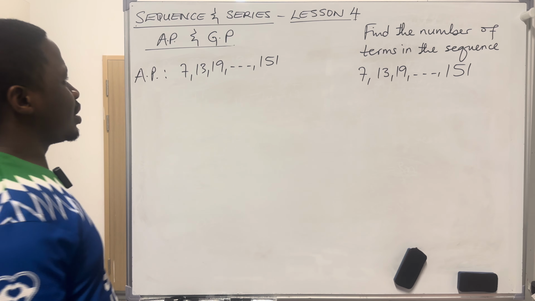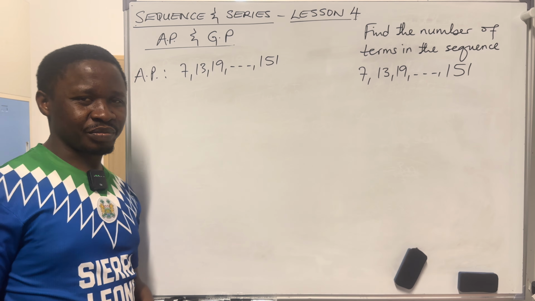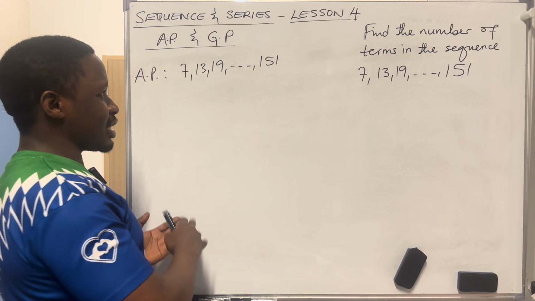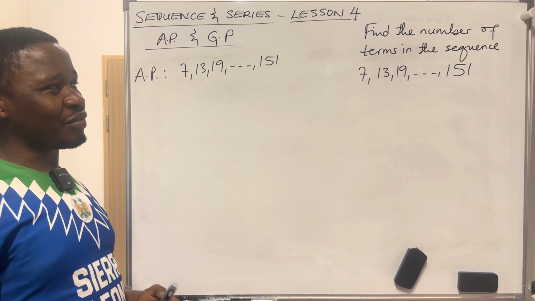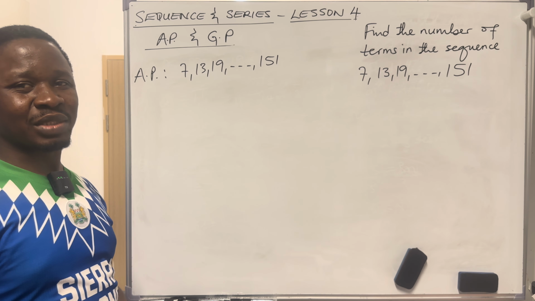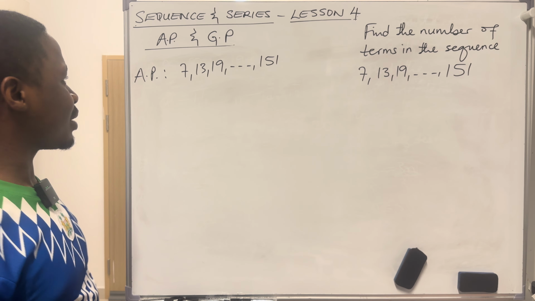Okay, so we want to know how many terms. There are two ways we can do it. We have the formula generated in the topic itself, or you can also do it manually. But doing it manually takes more time. It depends on what the last number is.